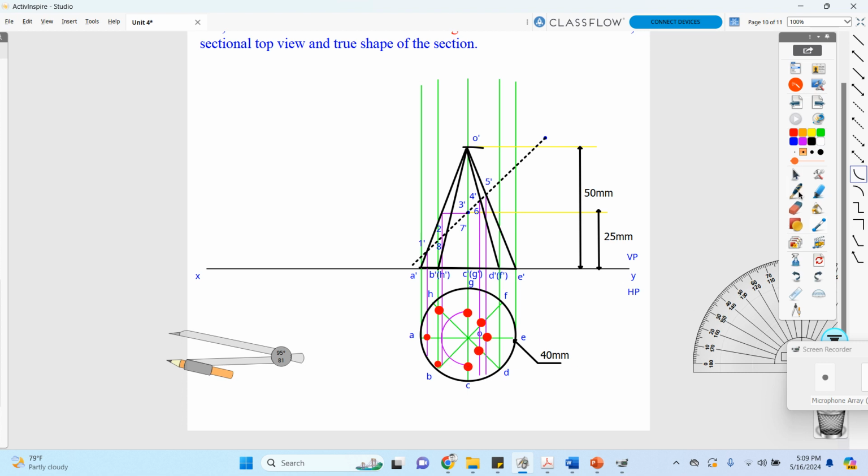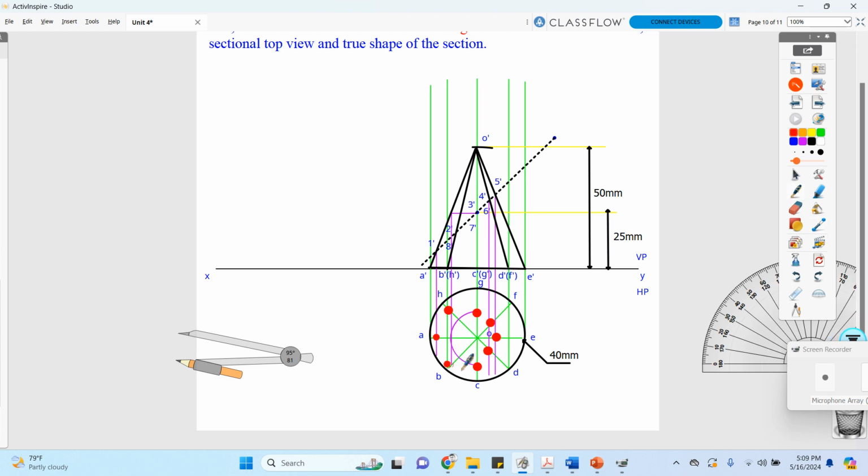I think we can go with the pen itself. This is what your top view position looks like.